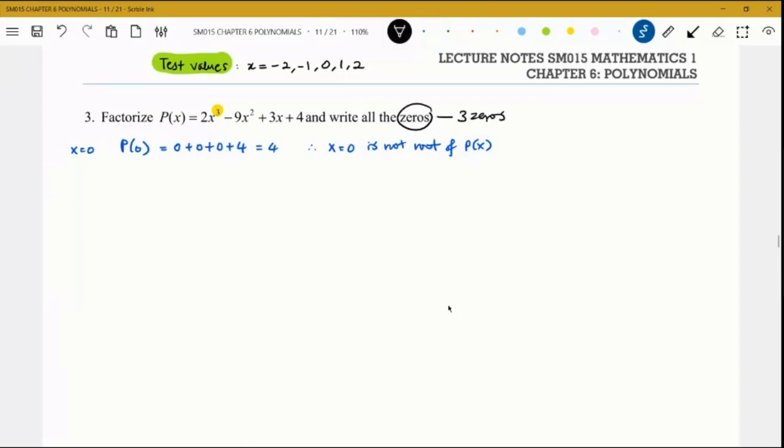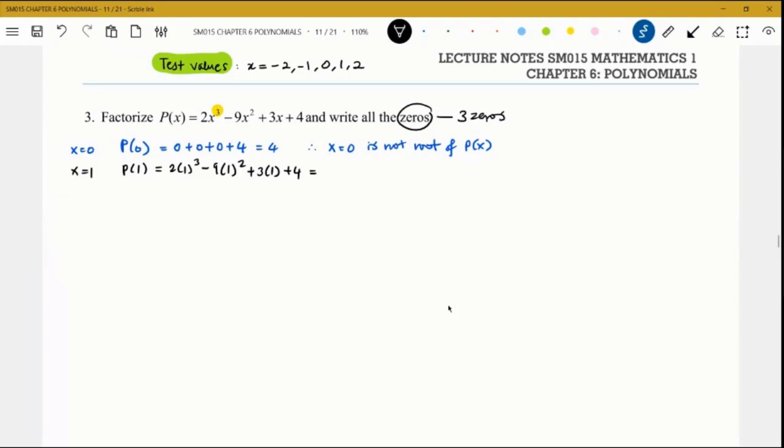So let's say I put x equal to 1. So P(1): 2 times 1 cube minus 9 times 1 square plus 3 times 1 plus 4. What do we get? What do we get? 0.